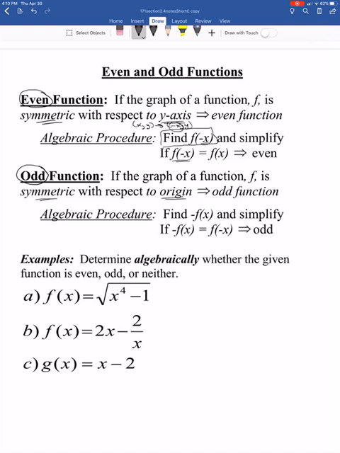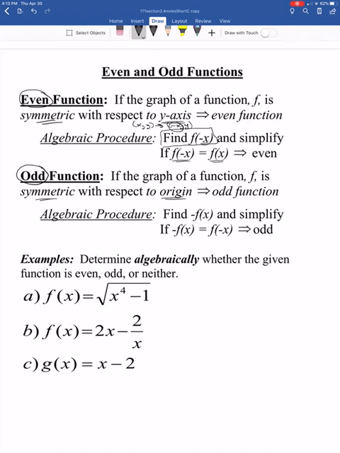You plug in -x, and can you get back the original function? If so, it's even. If it's not even, the only other possibility is origin. You're not going to ever have any symmetry with the x-axis, not with a function graph, because if a graph is symmetric to the x-axis, it fails the vertical line test, so it's not a function.